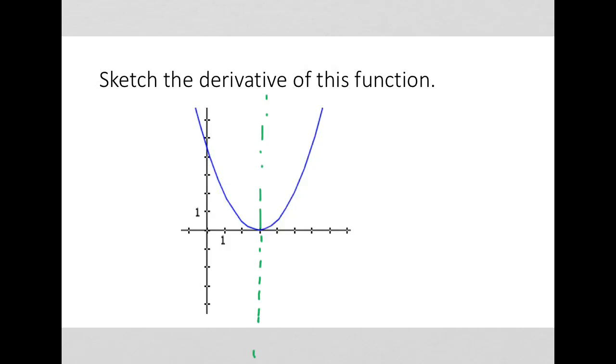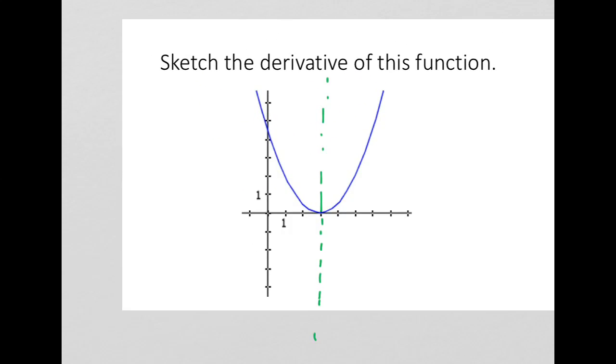I am just separating the plane because I want to, again, think about intervals of increase and intervals of decrease. When I'm to the left of that awkwardly dashed line, notice that my function is going down to the right. So that is a decreasing interval over there from negative infinity up to that point, or really from negative 1 to there, because that's all we see. And then the function is increasing when you are to the right of that.